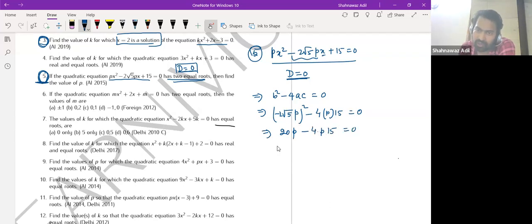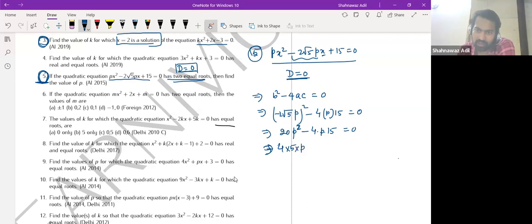Right. So what is common here? Minus 4. Sir, it's 20p squared. Yes, yes, sorry. So 20p squared minus 60. So what is common here, guys? 4 is common, and 5 is common, and p is common.